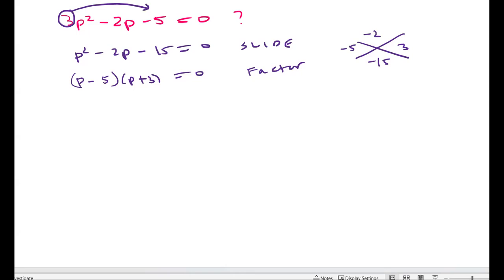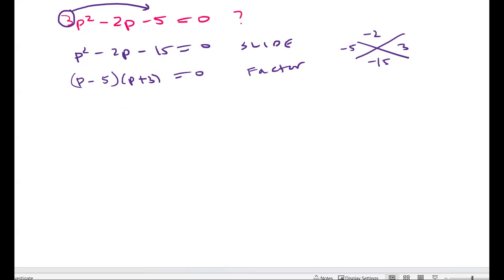No. Remember, whatever you multiplied at the beginning, you have to undo it. Since I multiplied by 3, now I have to divide by 3. Students fall into the trap and say, this is going to be p equals 5 and p equals negative 3, and I'm done. I put a star on that because that's a common mistake students make. That's not what you do.